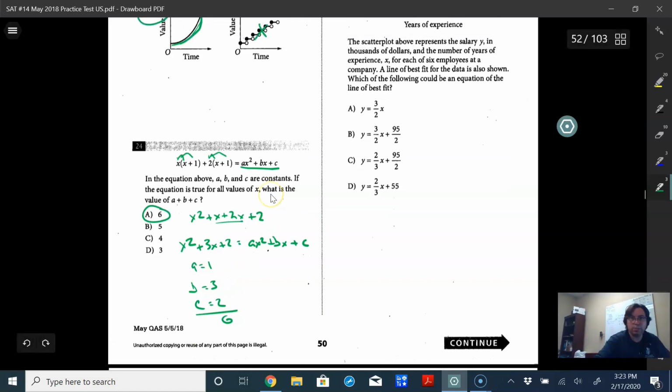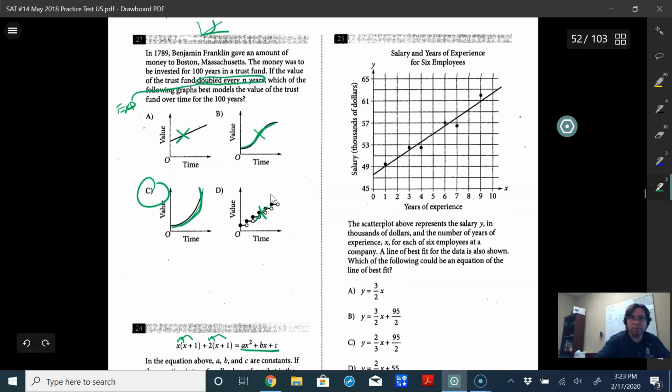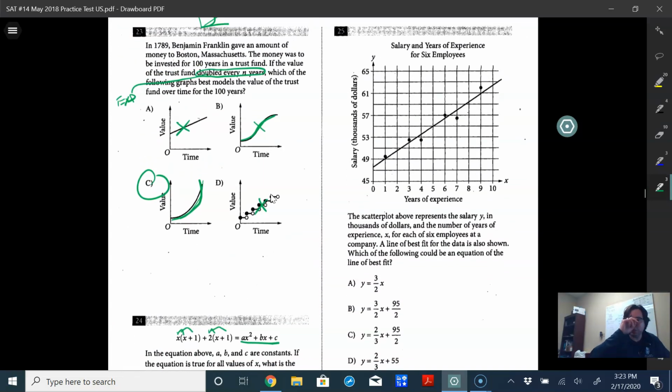Okay, so let's look at number 25. We see another scatter plot, so a line of best fit, and we see these equations. What we're essentially trying to do is determine the equation that we're trying to develop.